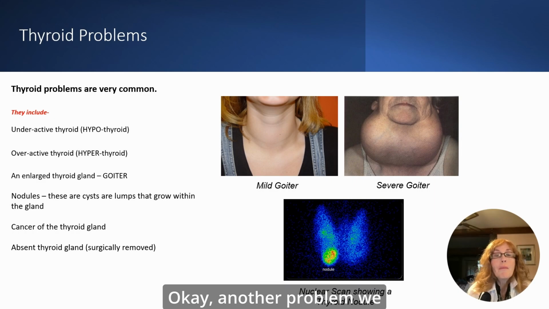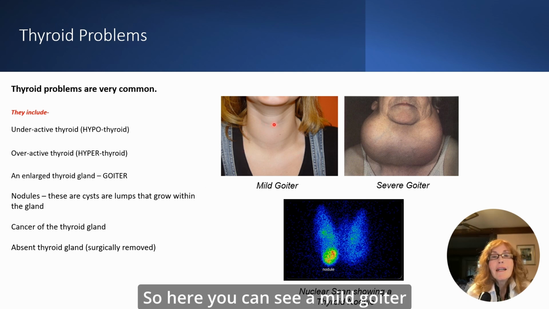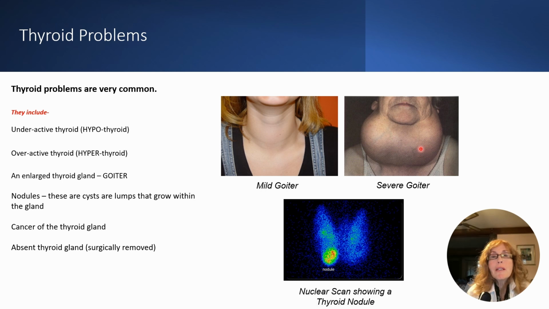Okay, another problem we see with the thyroid gland is enlargement of the gland, which is known as a goiter. So here you can see a mild goiter, and here you can see an extreme goiter.